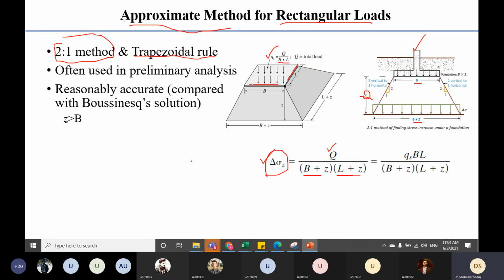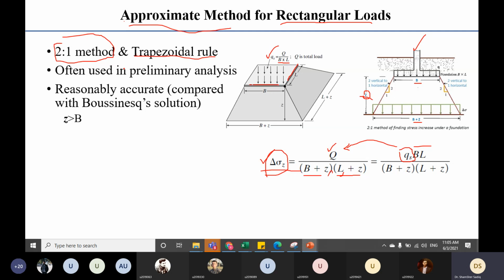If I ask you to calculate at 5 meters or 10 meters, you know B, you know L, you know z, you know Q. If you are given the intensity as load per unit area, you can multiply it with the area to convert it into Q. This is how you can calculate very quickly using the 2:1 method or the trapezoidal rule.